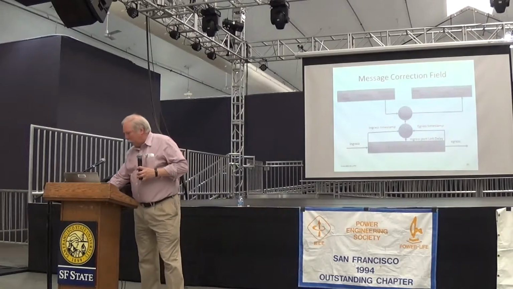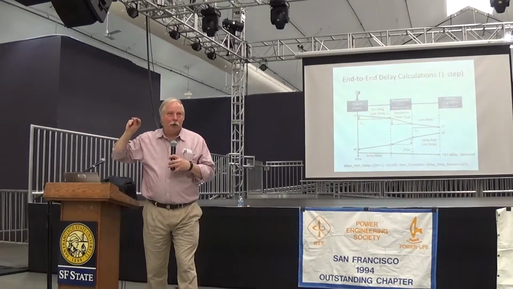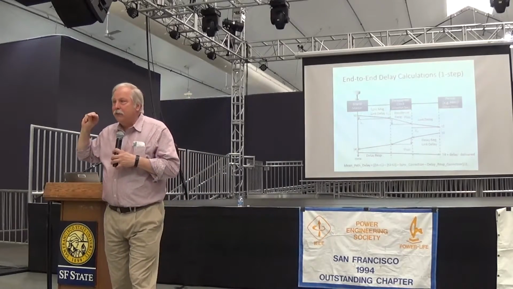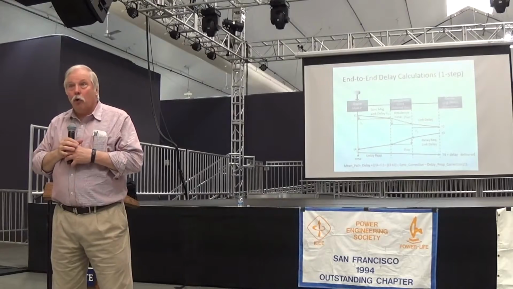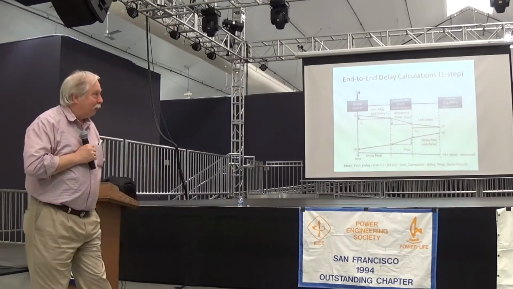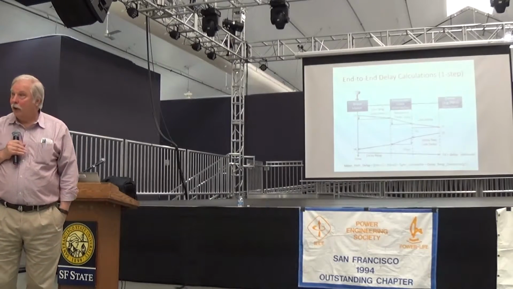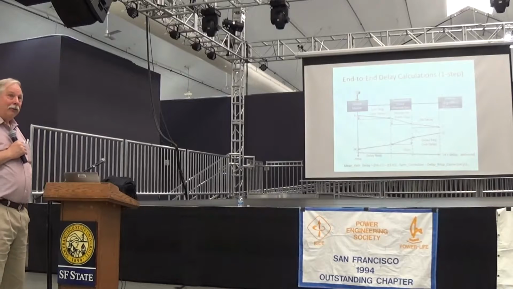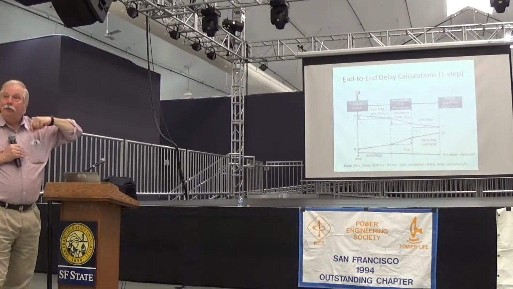Let's go back here now. There are two mechanisms that are defined in the 1588 standard for measuring the total delay time. The first mechanism is called end-to-end delay calculation. On an end-to-end basis, the communication is between the grandmaster and the device.